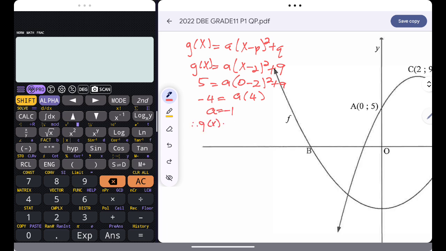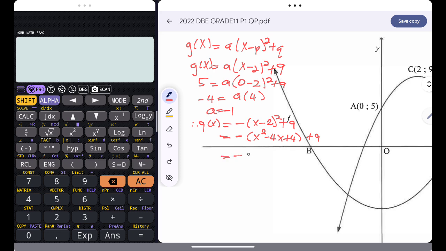For me to find g, I must just expand the bracket. Negative (x minus 2) squared plus 9. I must open the brackets; you'll obviously do the FOIL method, but we end up having x squared minus 4x plus 4 plus 9 there.